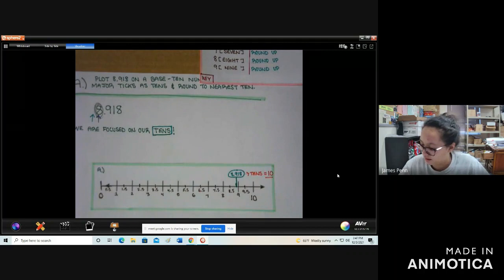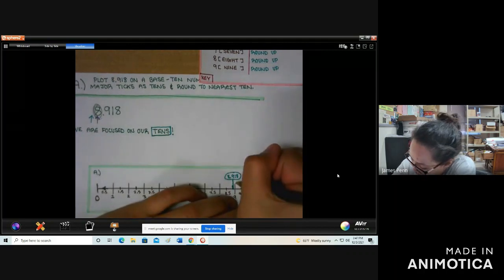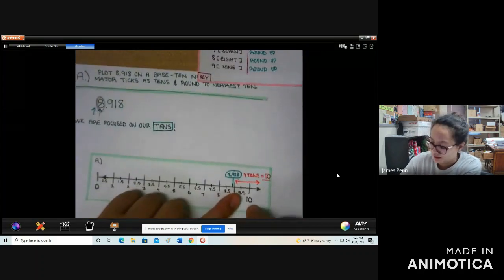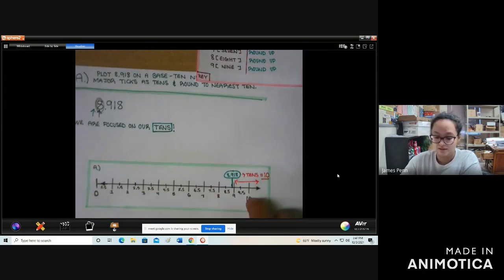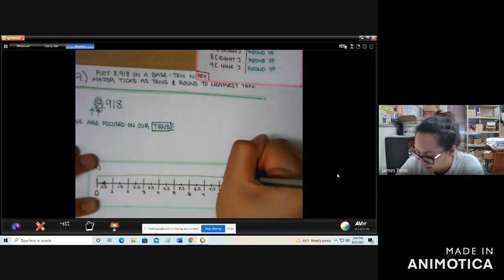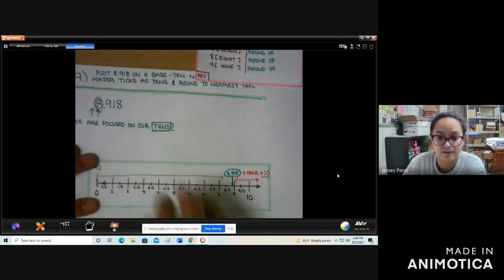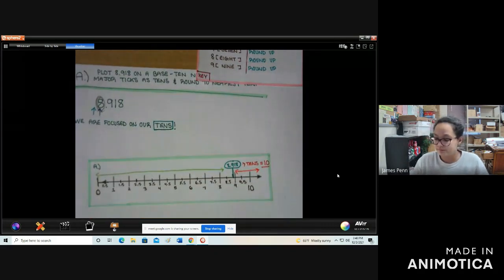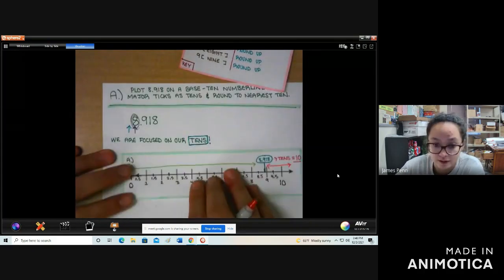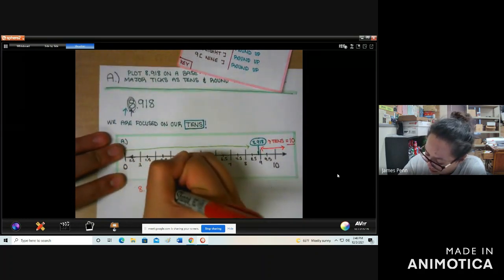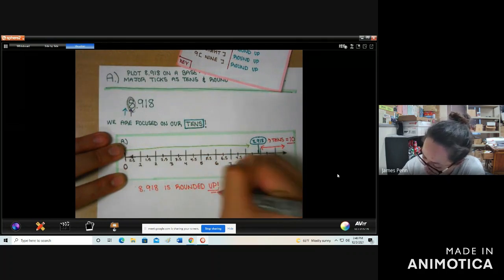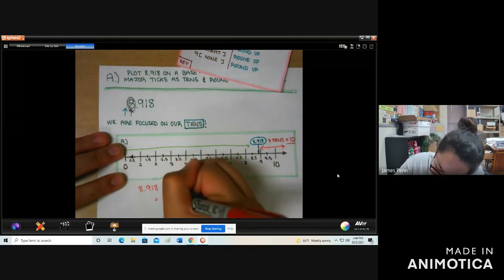You can also see there's a shorter distance from 8.918 to 10 than there is from 0 to 8.9. So let's write that as our final answer. 8.918 rounded is equal to 10.